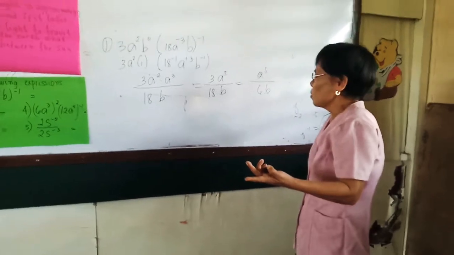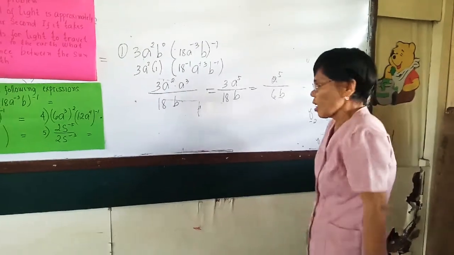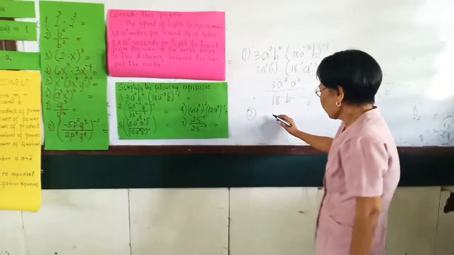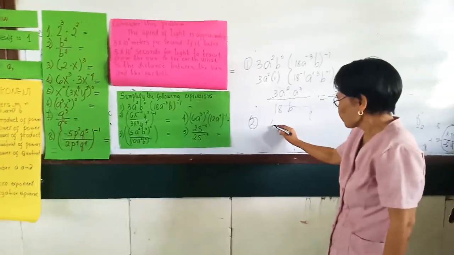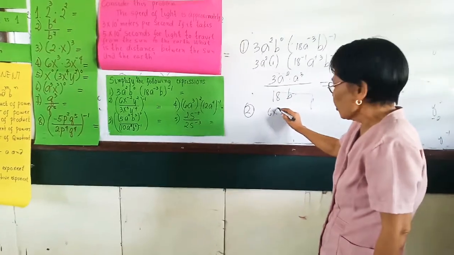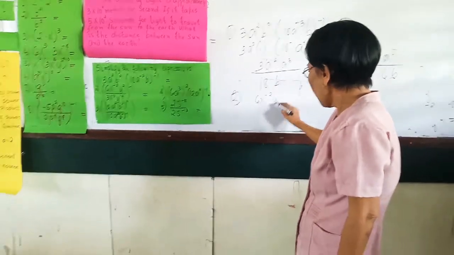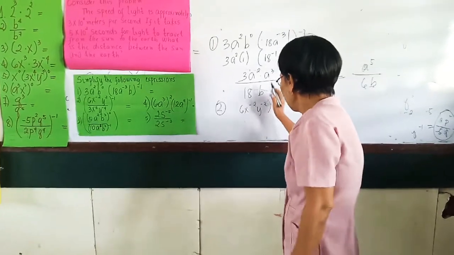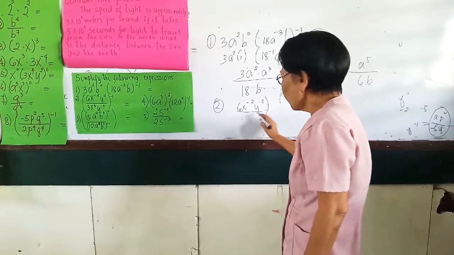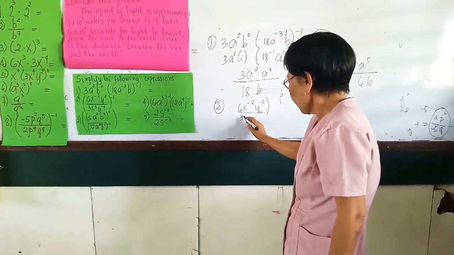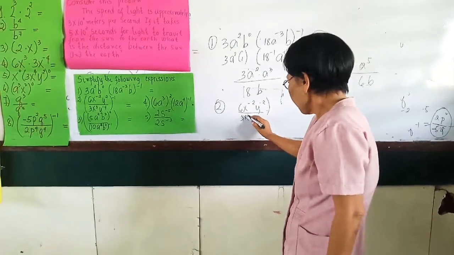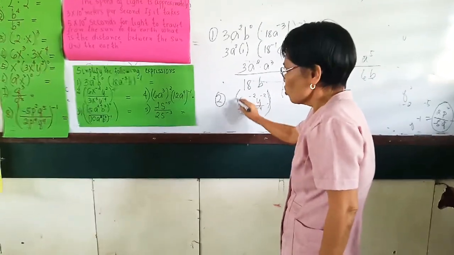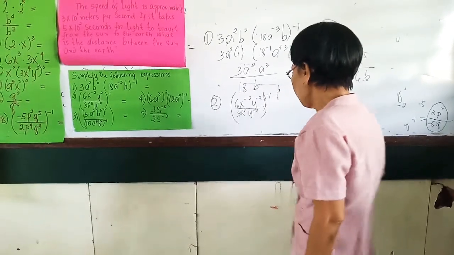Any question? Okay, so let's proceed to number 2. 6 x negative 2 y negative 2 raised to the power negative 1 over 3x to the 5th y to the negative 4 raised to the power negative 1.